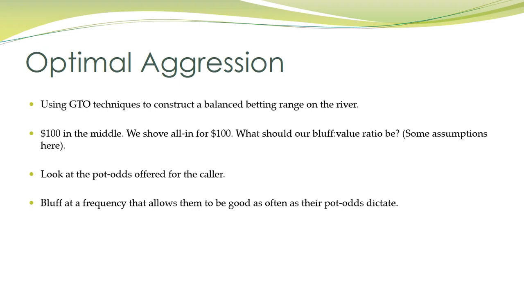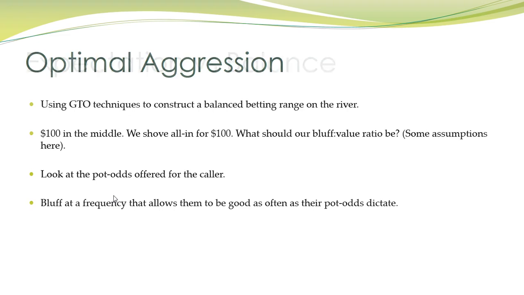Whereas if the aggressor were to bet 35% of the time instead of the balanced 33%, then the defender could say, well, the aggressor bluffs here way too frequently, I'm actually good 35% of the time, and I only need to be good 33% of the time. I can exploit the aggressor by calling with all of my bluff catchers. It's only when the aggressor bluffs with exactly this 33.333% frequency that the defender is indifferent between calling and folding.